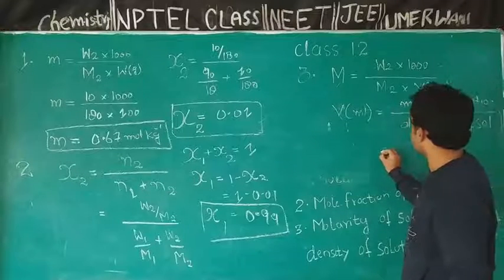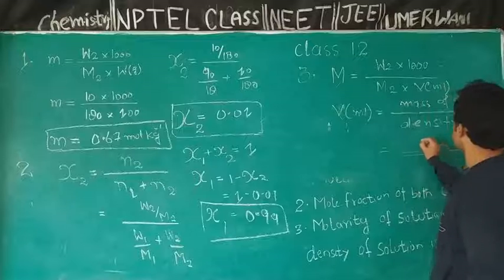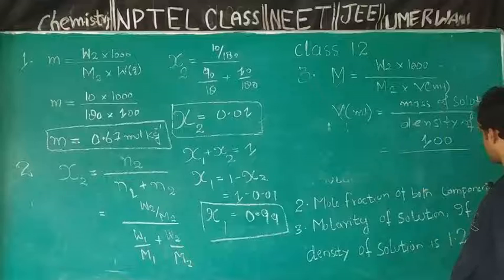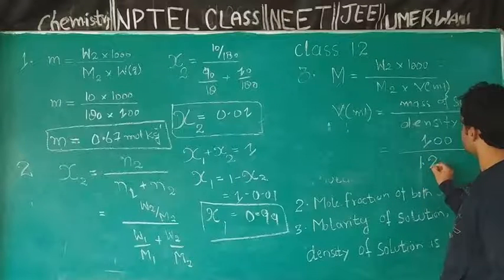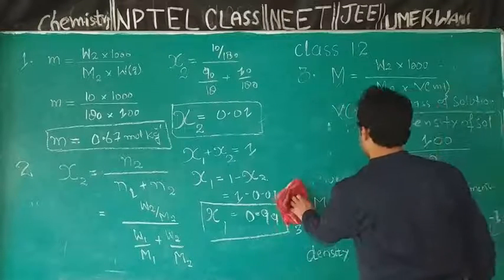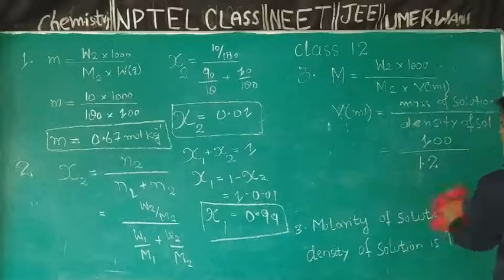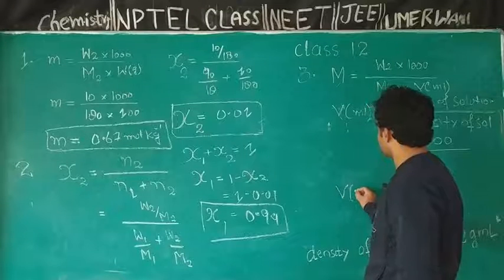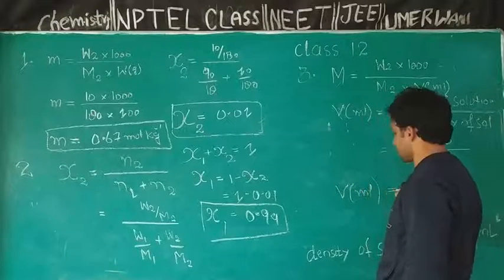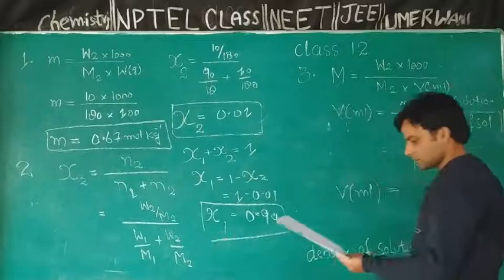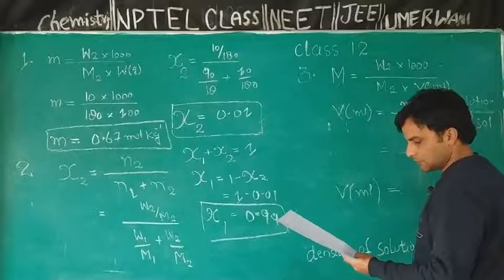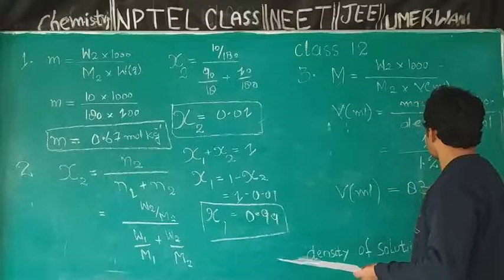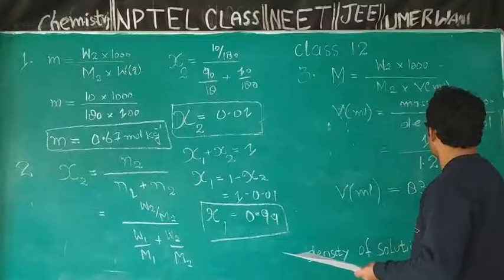Mass of solution is given 100, density of solution is also given 1.2, and volume of solution in ml comes equal to 83.33 ml.